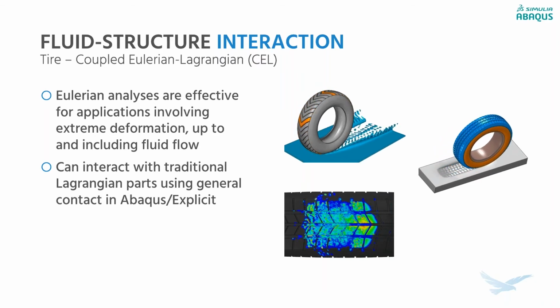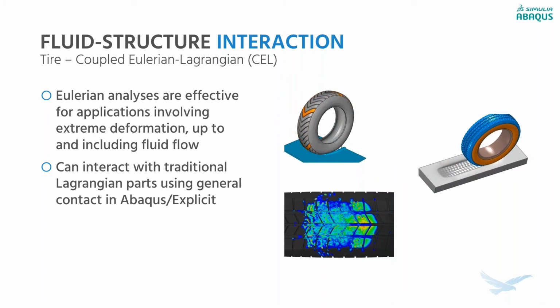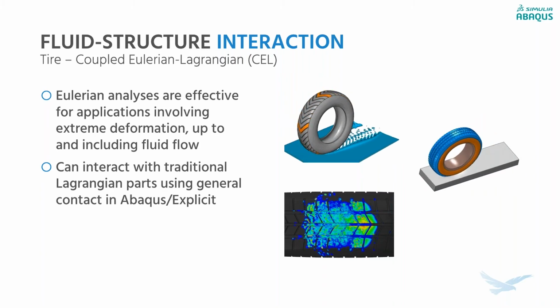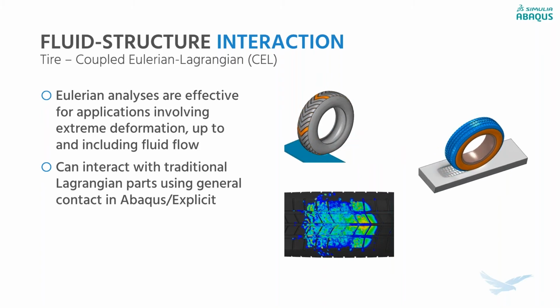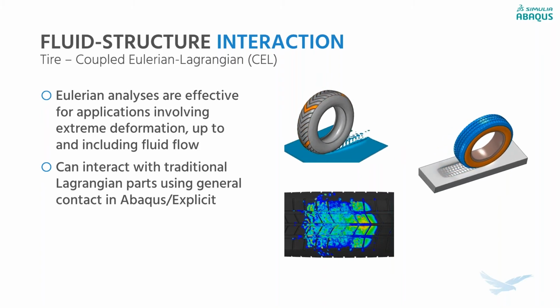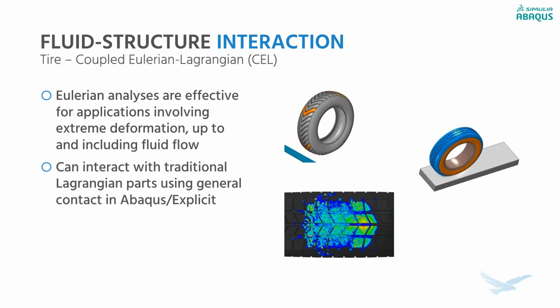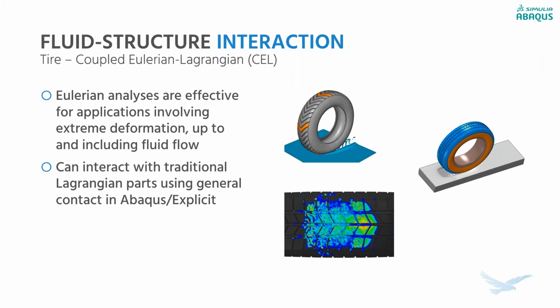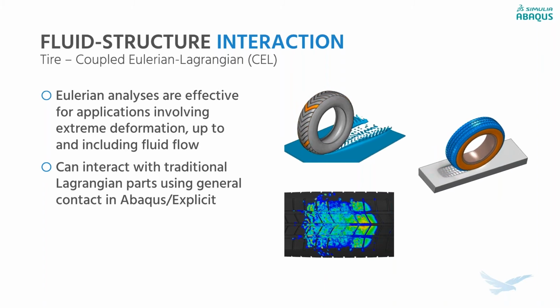Eulerian mesh works really well for things with a lot of deformation. So fluids like the water, you can see there that the tire is running through in that hydroplaning analysis. Or on the right, we can also use it for things that aren't fluid. We've got a soil example there, so we can see the tire interacting with a material that's deforming a lot, but isn't quite a liquid or a gas.